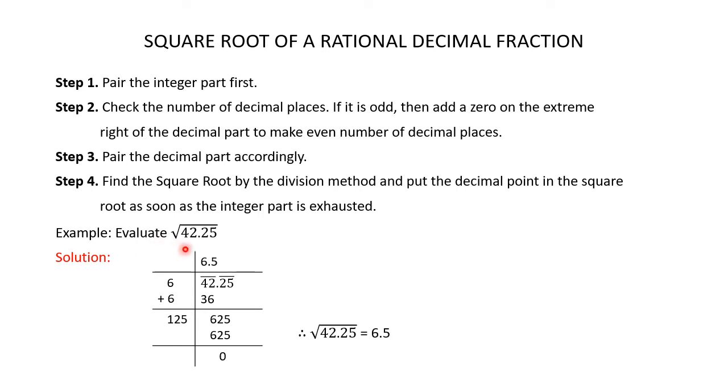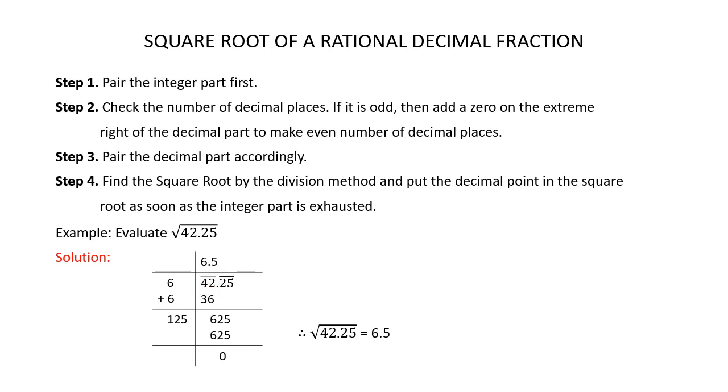Evaluate the square root of 42.25. Here 42.25 is a decimal number. 42 is the integer part and 25 is the decimal part. So first group the integer part. So 42 is one group.